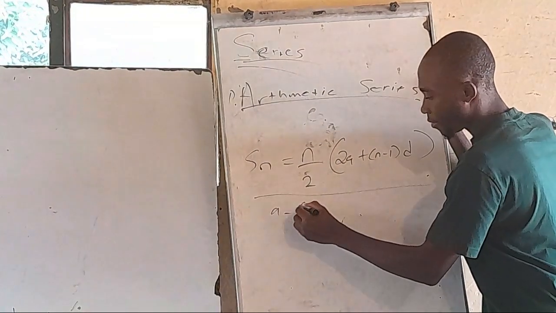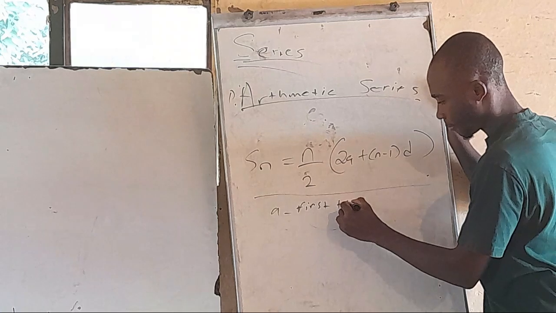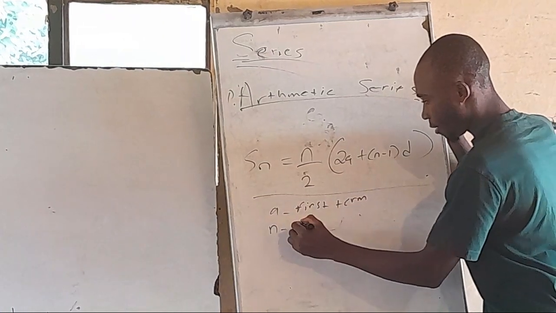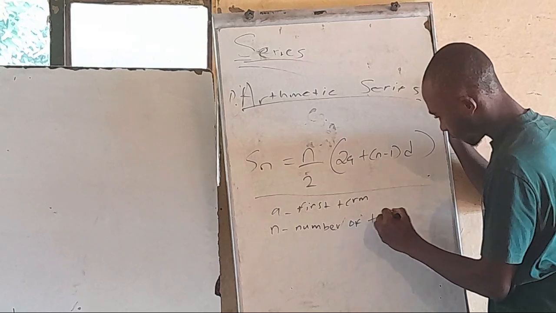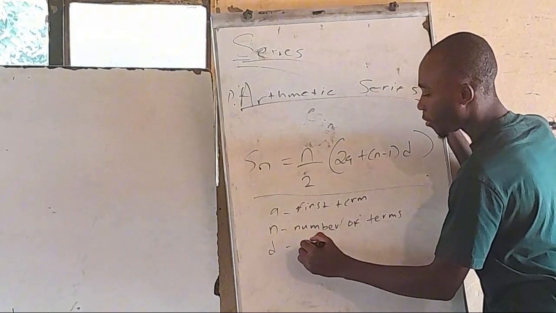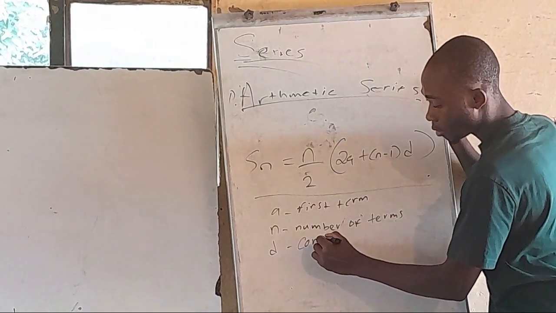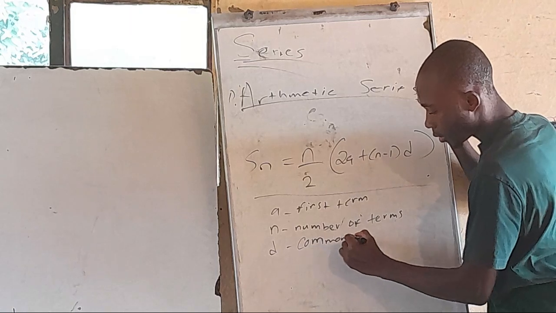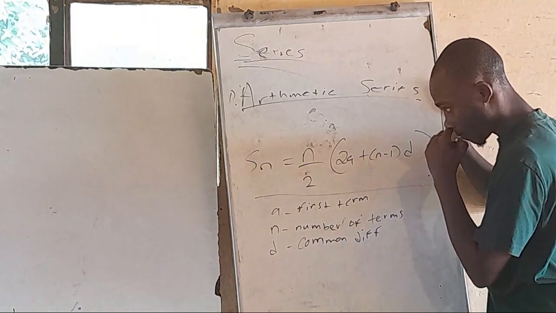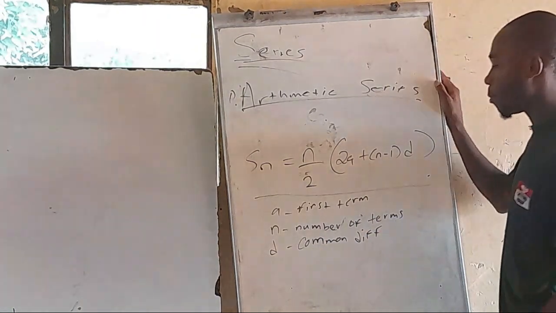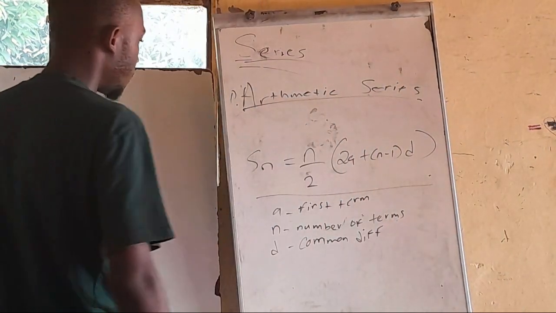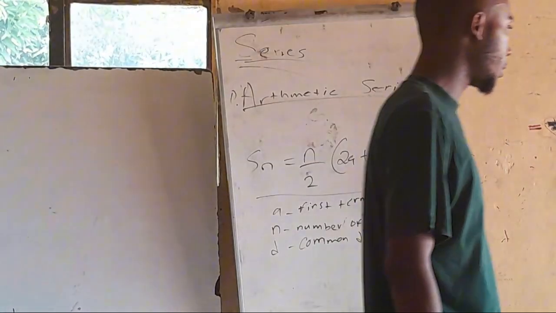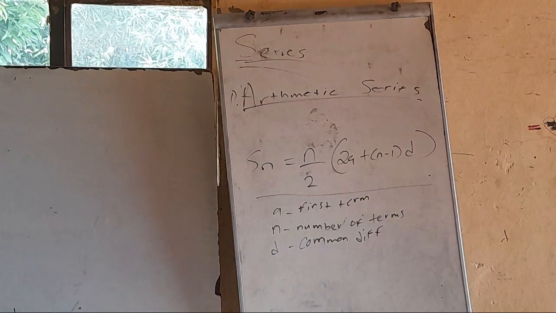Again, A stands for the first term, guys. N stands for the number of terms. D stands for the common difference.